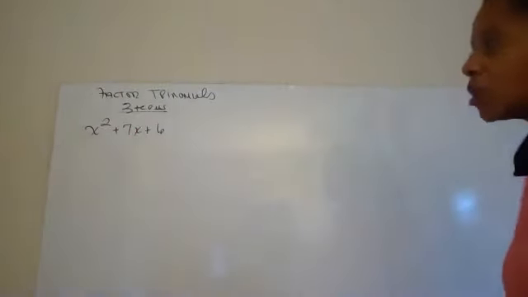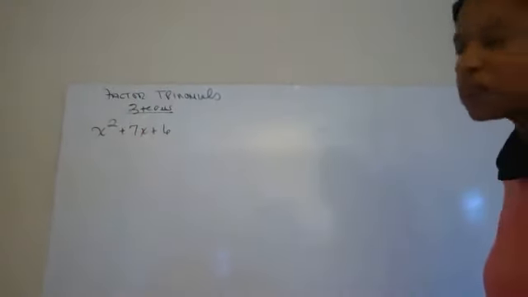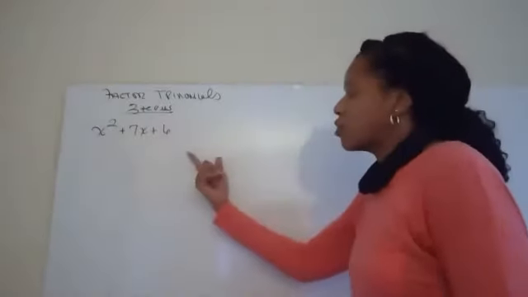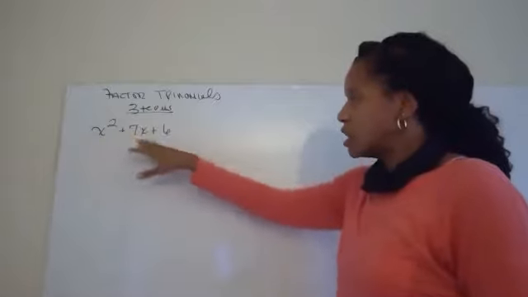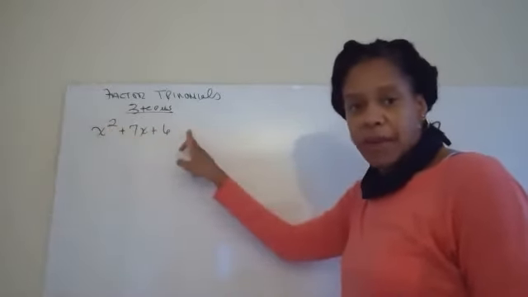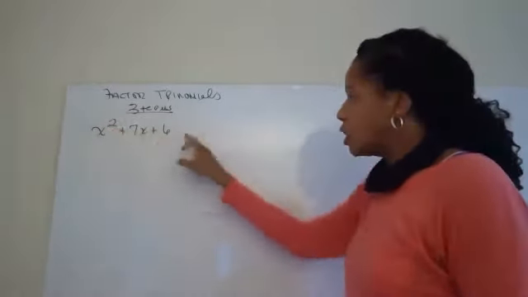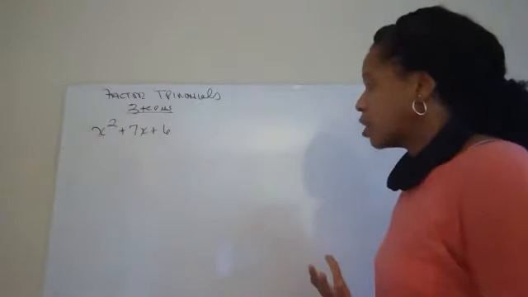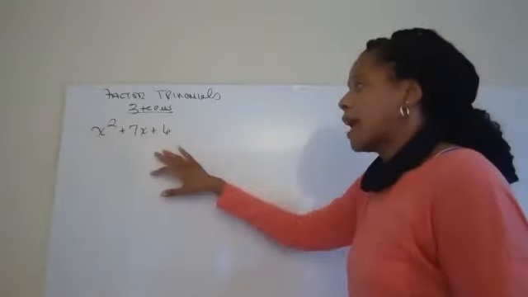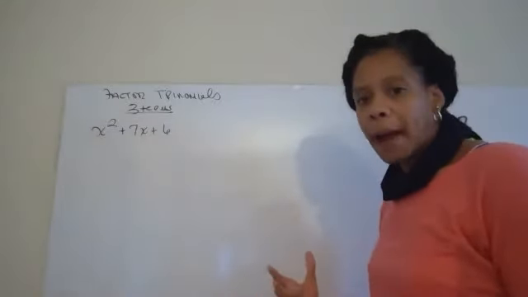So x squared plus 7x plus 6. When we're factoring trinomials, you should always look for descending order. So this is in descending order, meaning your variables count down in order. So I go from 2, 1 to no variables at all. Then you should check for a greatest common factor. So I don't have a greatest common factor here. So then we're going to factor our problem.